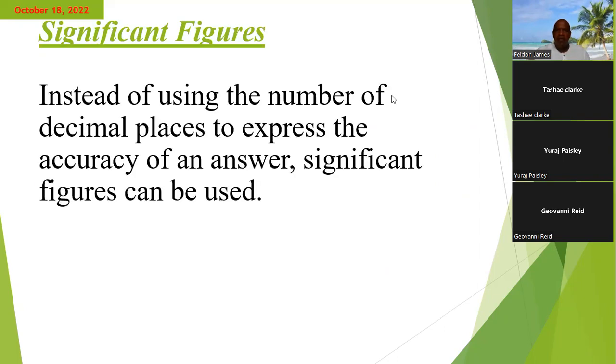All right, now looking at significant figures. Instead of using the number of decimal places to express the accuracy of an answer, significant figures can be used. Now, remember, students, don't confuse significant figures with decimal places, because even though we make this clear distinction right here, right now, a couple of weeks after this you don't remember which is which.